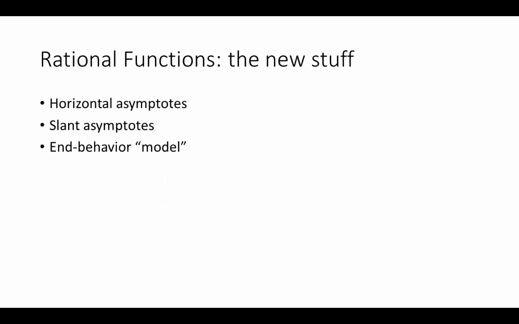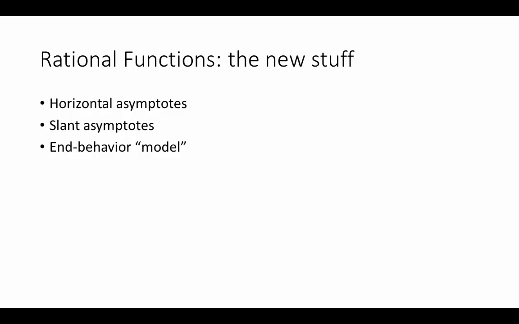Three more new things to learn about rational functions are the horizontal asymptote, slant asymptote, and the end behavior model. Each of these is determined by comparing the degree and leading coefficient of the polynomial in the numerator and denominator of the rational function. You will also use long division to help determine the slant asymptote.